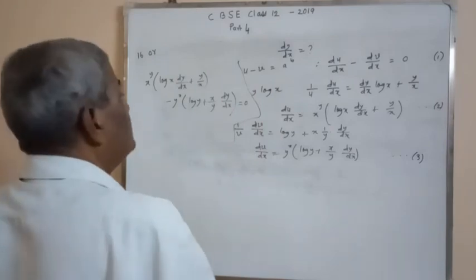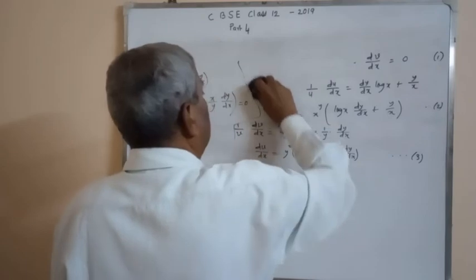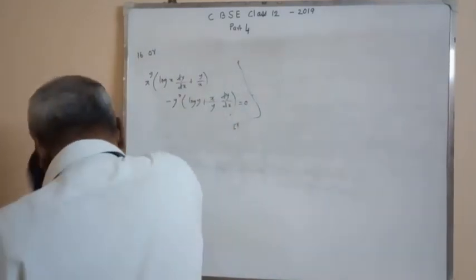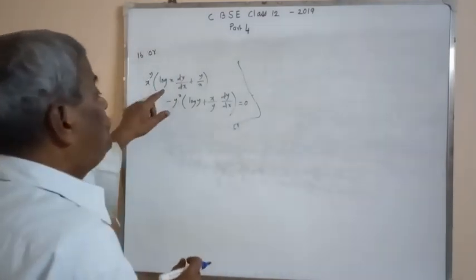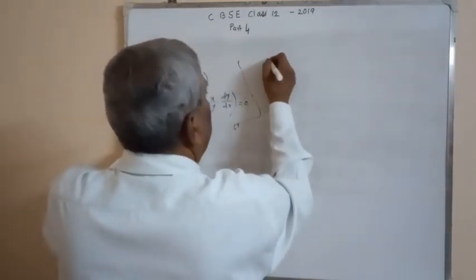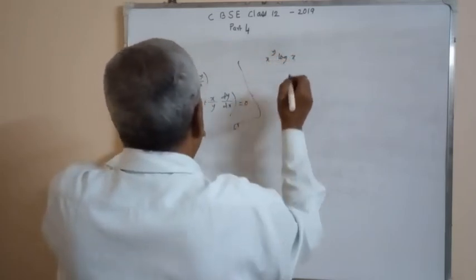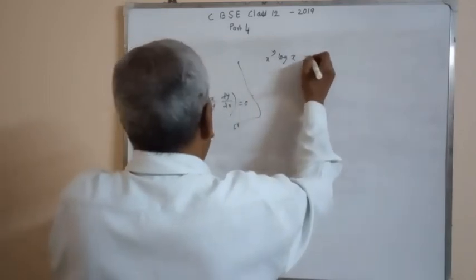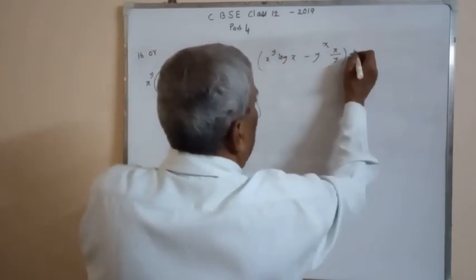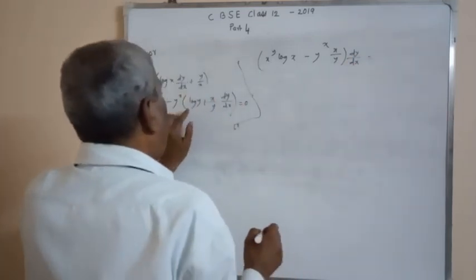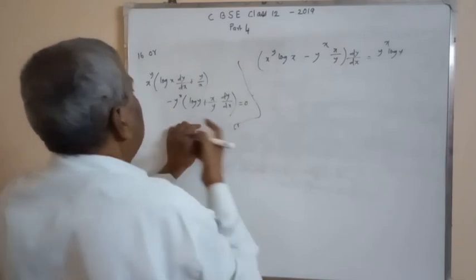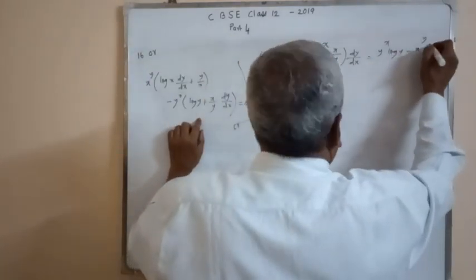Now, just 1 minute. Now, from this, collecting the coefficient of dy/dx, we get x to the power y into log x into dy/dx minus y to the power x into x by y, that multiplied by dy/dx, is equal to this one, y to the power x log y minus x to the power y, y by x.